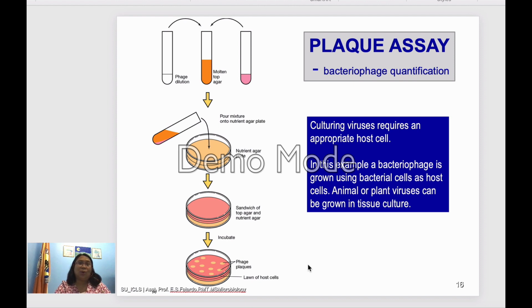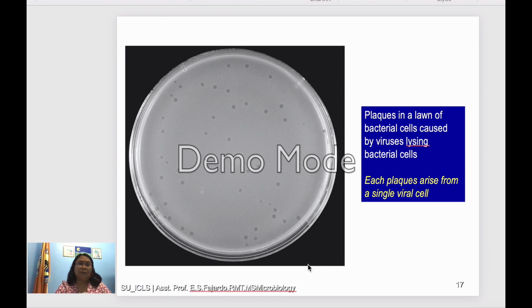Okay, so what you can see in a plaque assay is after a 24-hour culture, because bacteriophages infect cells that are in their growing stage. Now you can see the effect in 24 hours, but during the death phase of the bacteria, they do not usually infect.